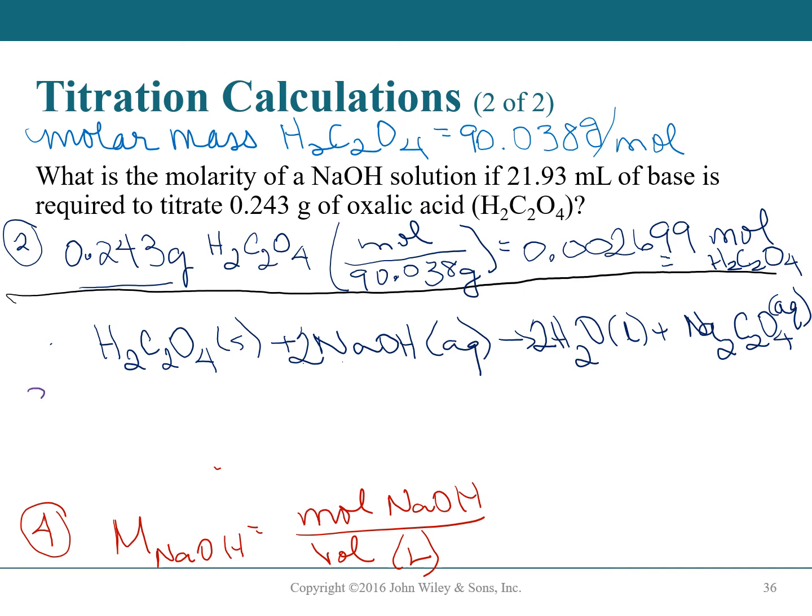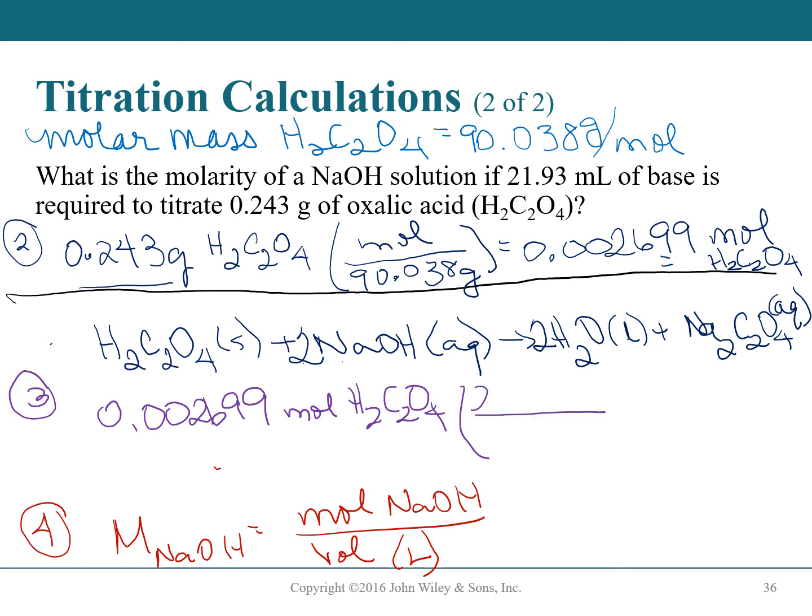For the next step, I have 0.002699 moles of oxalic acid. And my mole to mole ratio is I have 2 moles of sodium hydroxide for every 1 mole of oxalic acid.